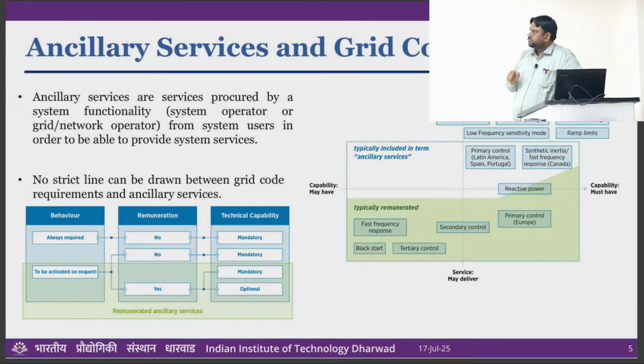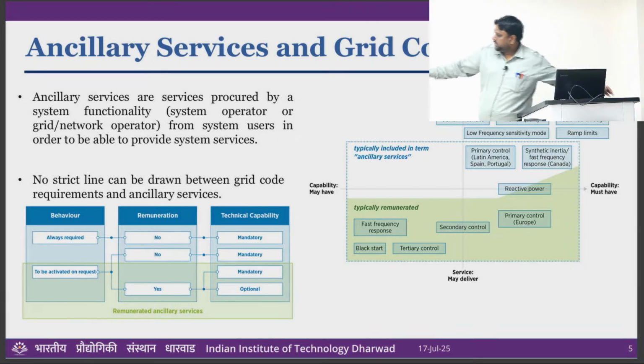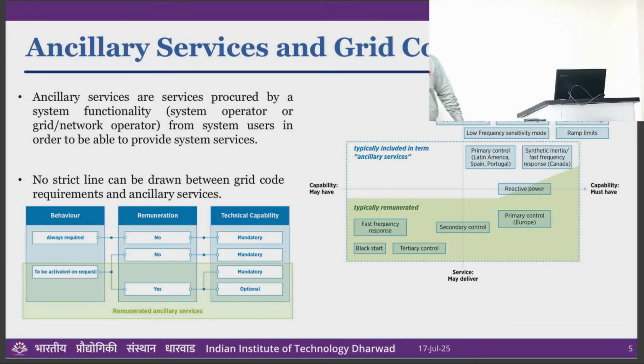Now there is a slight difference between ancillary service and grid codes. Okay. Ancillary service, if you see my scale, particularly this curve. So, here my x axis I call it a capability curve, and y axis I call it a service curve. Okay. So, in the positive x axis I have put the capability a renewable power plant must have.